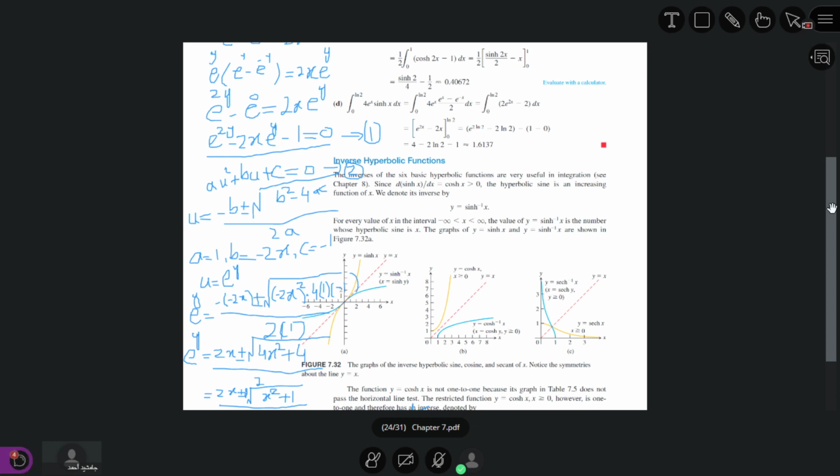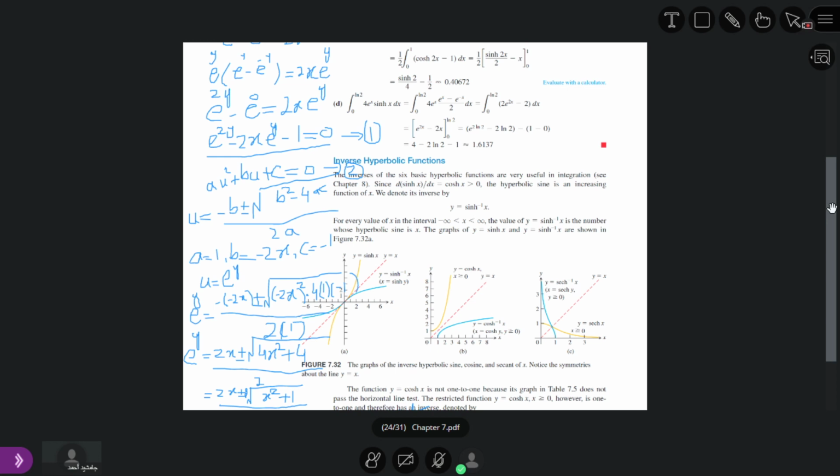So we will have just one case. Which case? Here x plus, only plus, square root of x square plus 1. So we neglect the negative case.